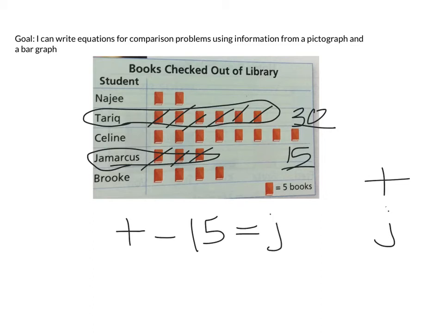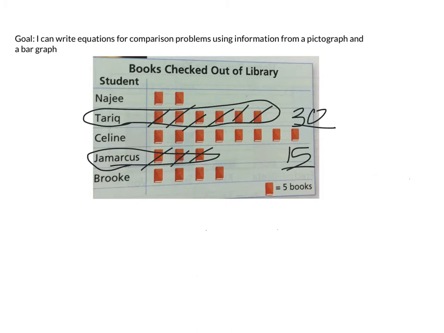So this would be the subtraction equation that we would use. In other words, if we filled in what the T and the J stood for, Tyreek's amount is 30 minus 15 books is equal to what Jamarcus checked out.